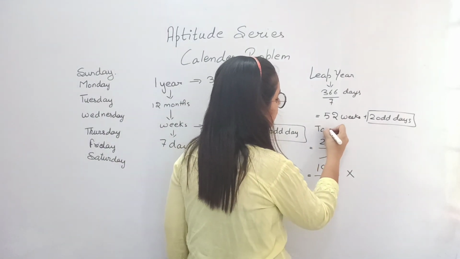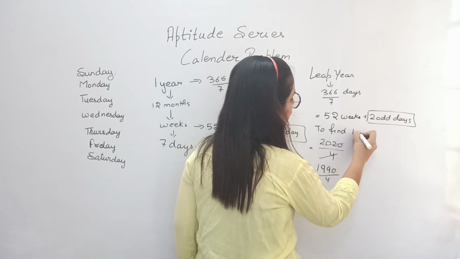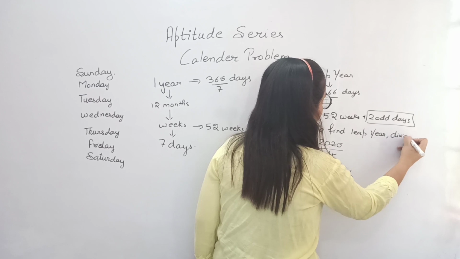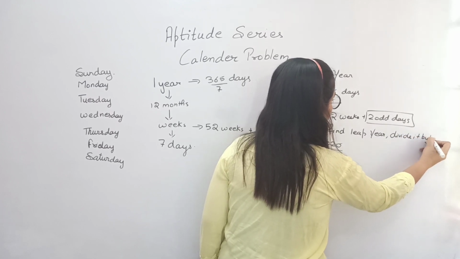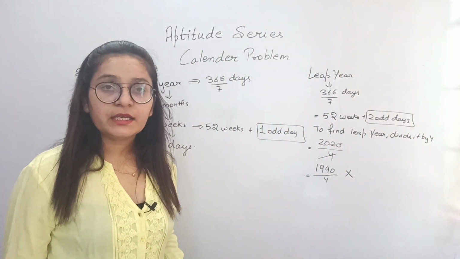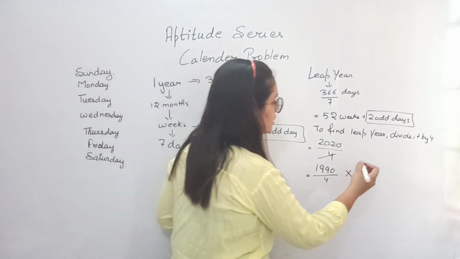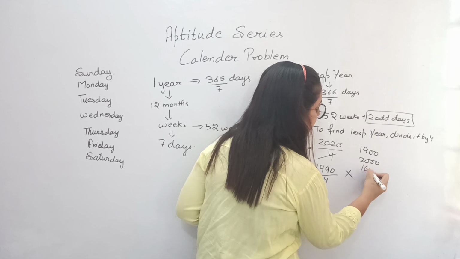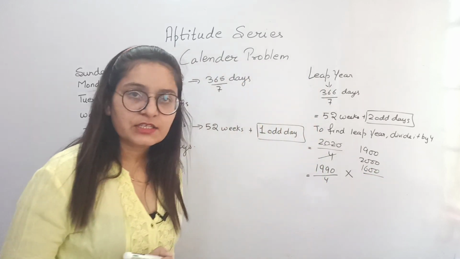To find a leap year, divide it by 4. But for century years, the century years are 1900, 2000, 1600. These are different century years.